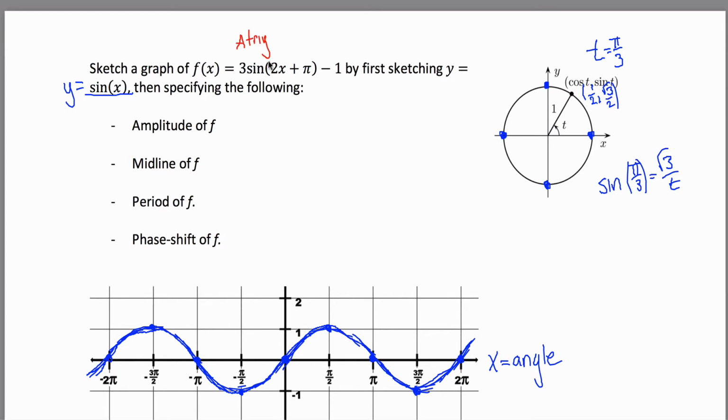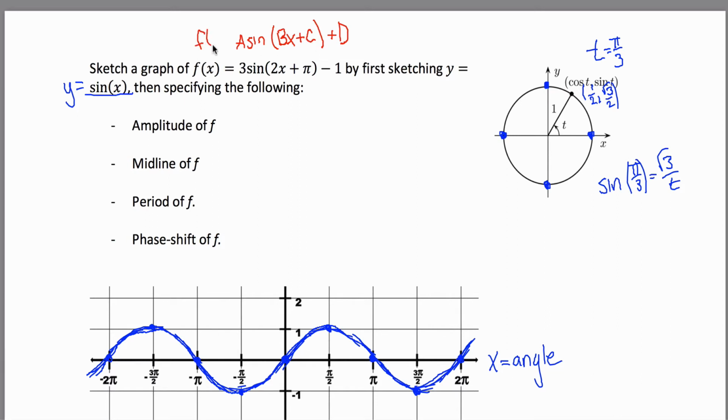I'm going to write a sine of bx plus c plus d. Some books put a minus c right here, but I think it's more confusing to write it that way.